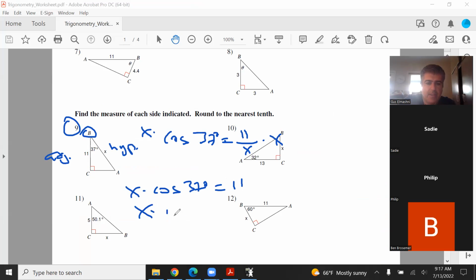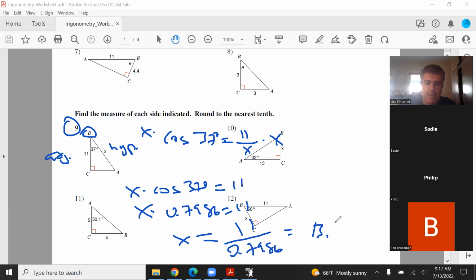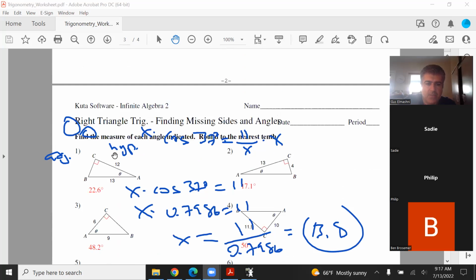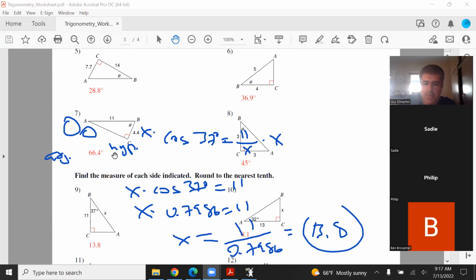So x times 0.7986 equals 11. So x is 11 over 0.7986. So you get 13.7 or 13.8. So x is 13.8, and you can check the answer key. Yep, 13.8.